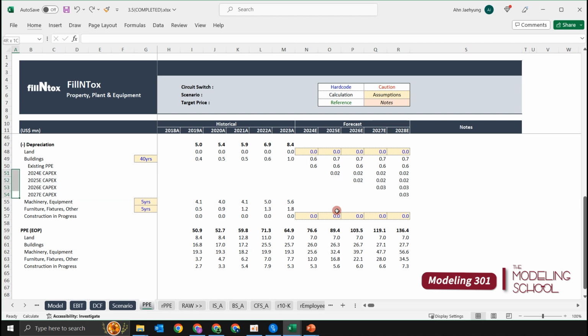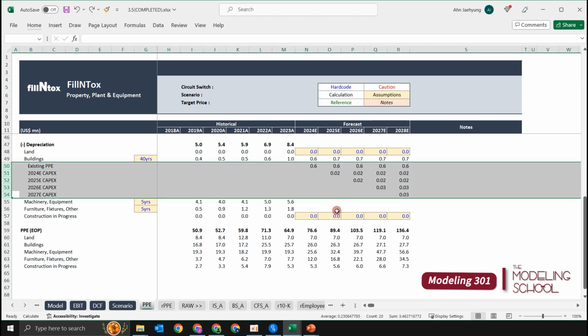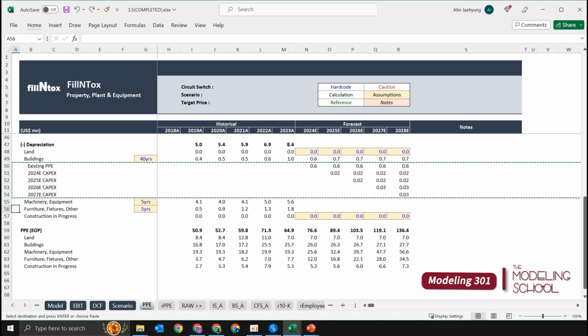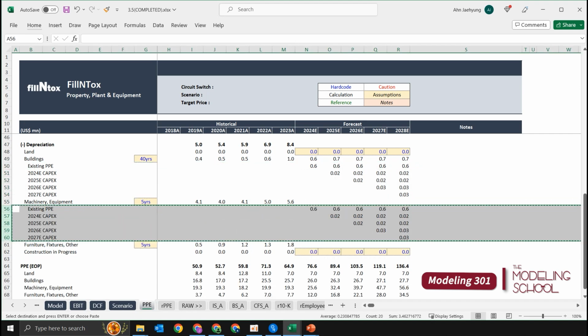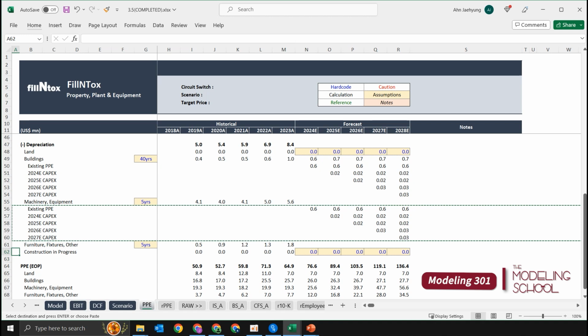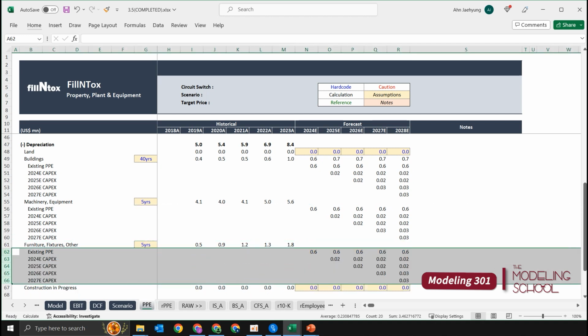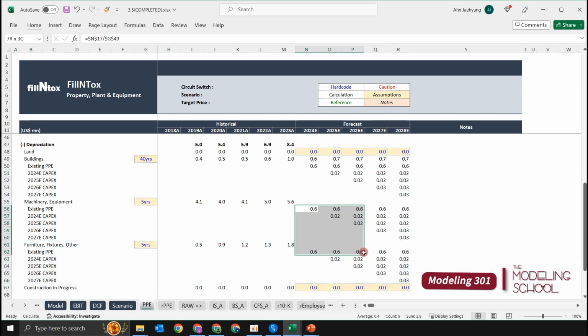So let's simply copy these line items, add them in between, and let's just erase the existing data.